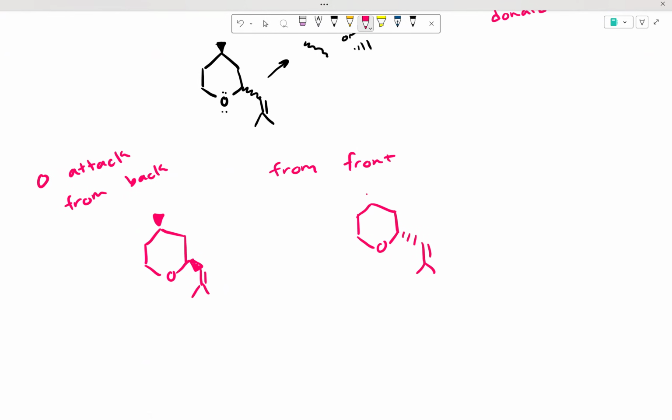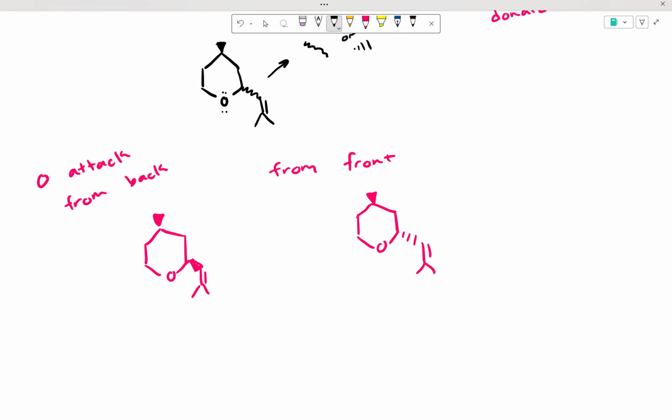Think of it this way. If some person just comes around and pushes you from the back, are you going to move back or are you going to move forward? Well, you're going to move forward.